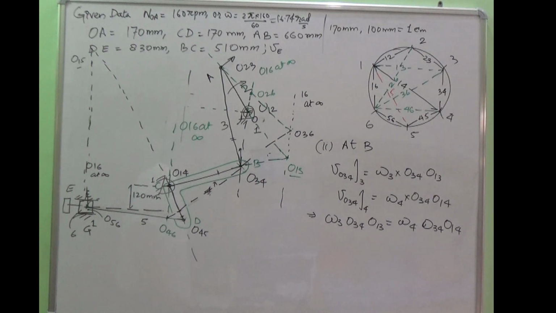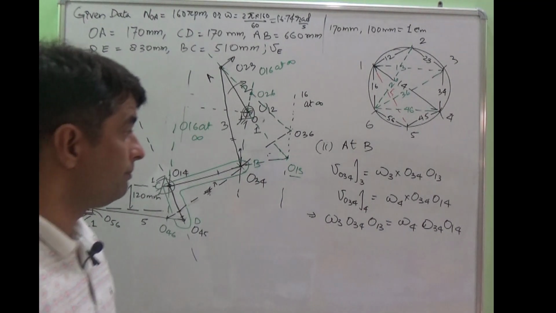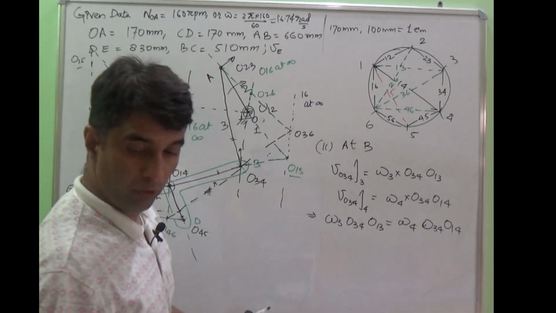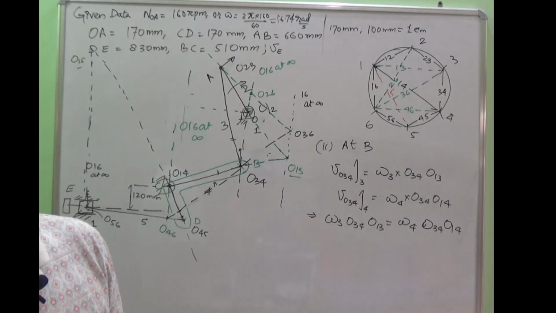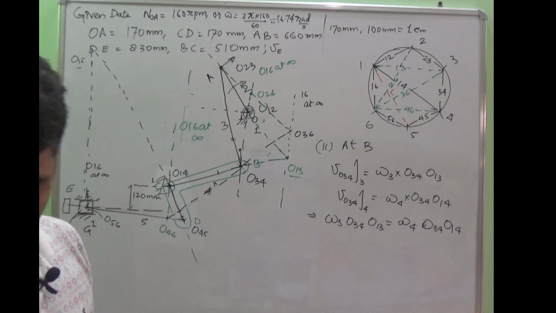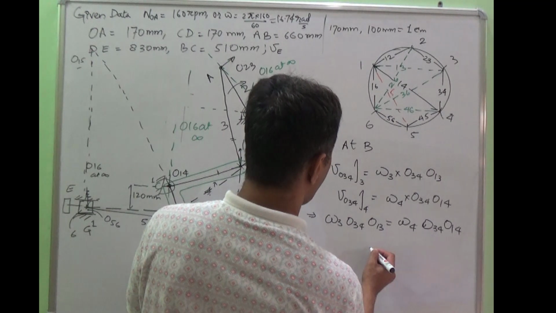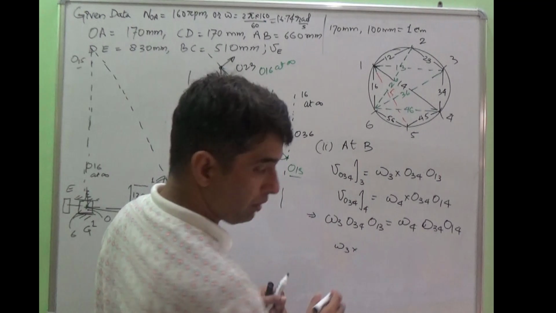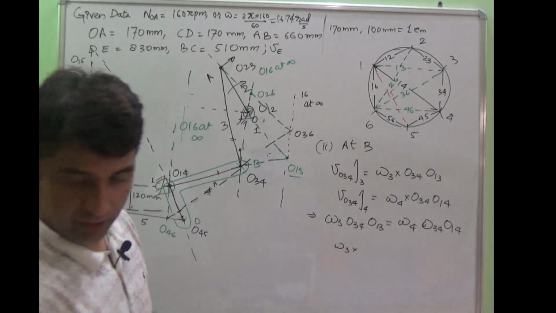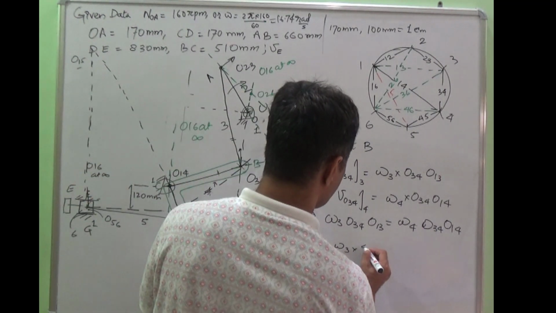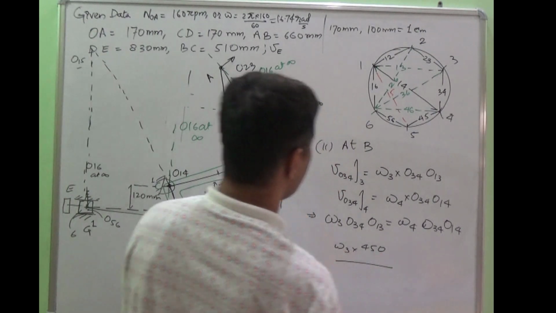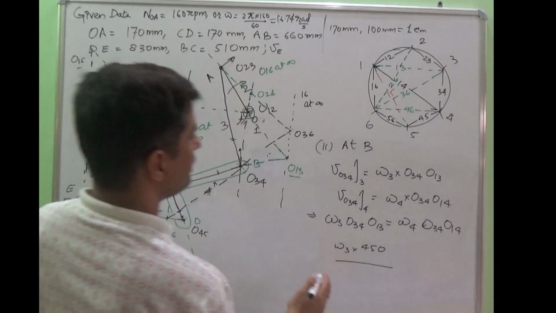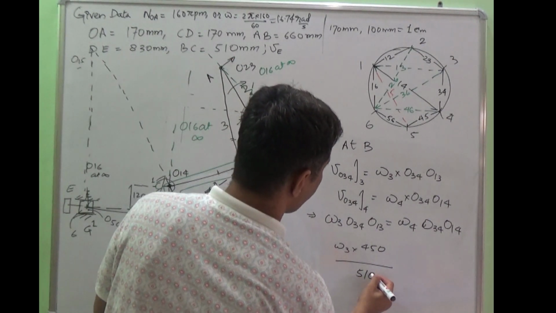So I can just give the distance points. Now you can measure O34 O14. So O34 O14 is coming out 0.450. So omega 3 multiplied by 0.450, and this distance O14 O13 is known to us, that is BC, or you can say 510.